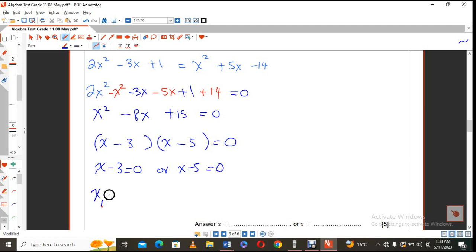So one condition gives x minus 3 equals 0, and the other gives x minus 5 equals 0. At the end of the day, one answer for x will be 3 and the other answer will be 5. These are the solutions to the equation.